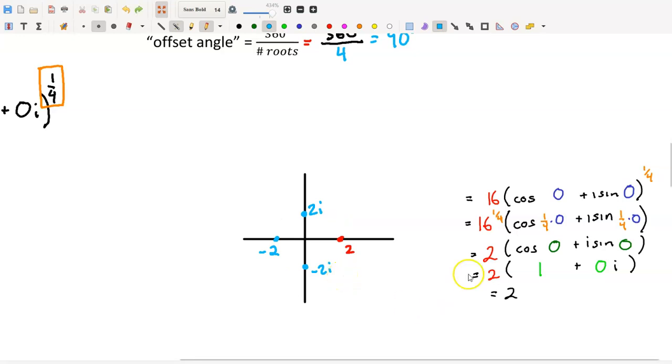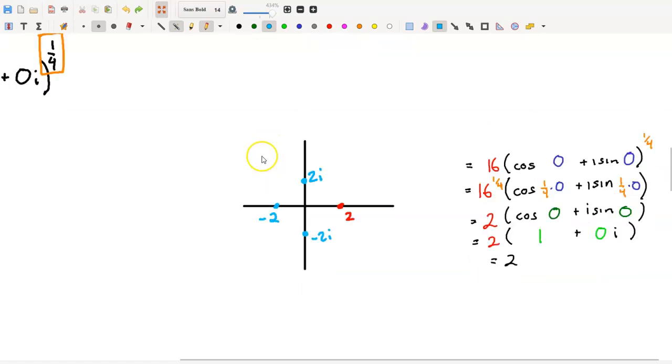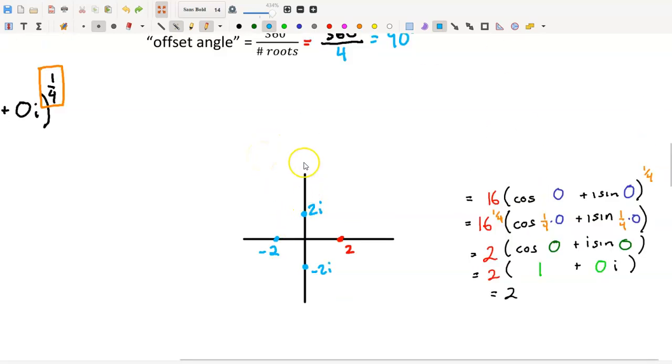So what we can do is go through and just show the work for each one of them. For this one, we can write it out starting right from here. I don't need to redo the whole property and the 1/4 and the multiplying. I just need to take this right here. Instead of 0, let's put in 90 degrees.